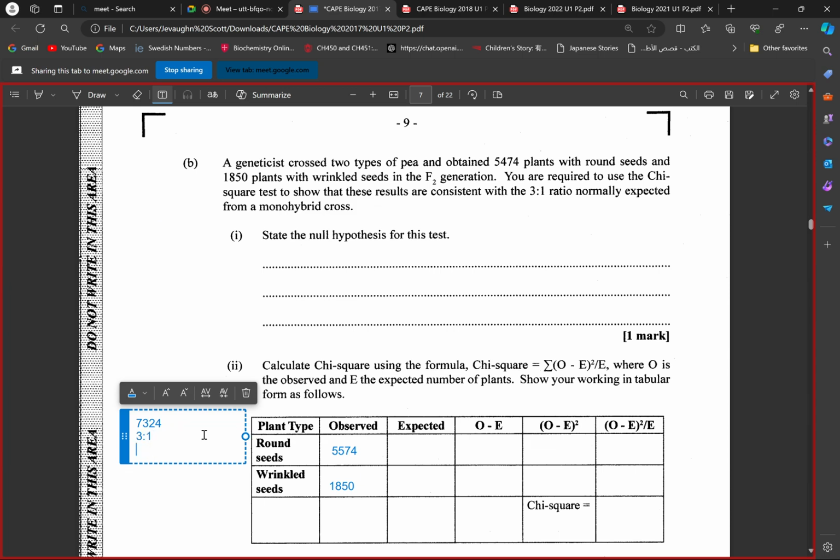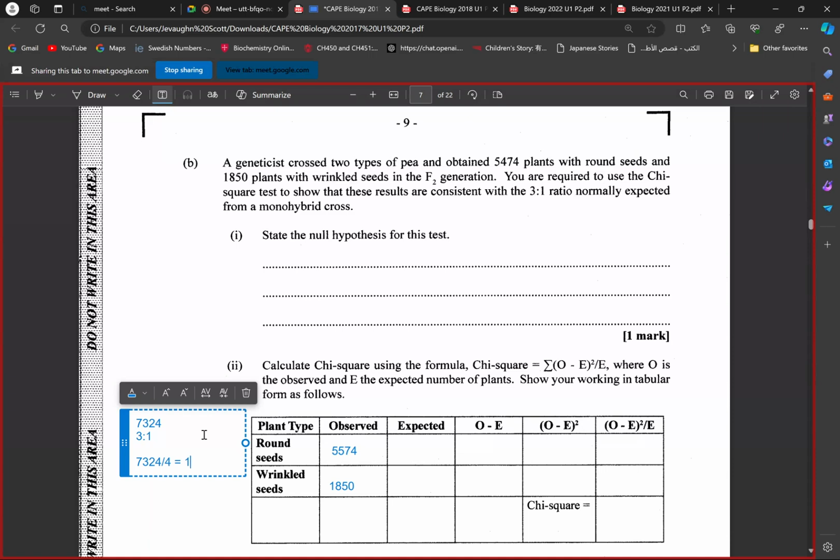One way to do it, the same way somebody proposed yesterday, is to divide everything by 4 to get one part. So 7,324 divided by 4 gives us 1,831.